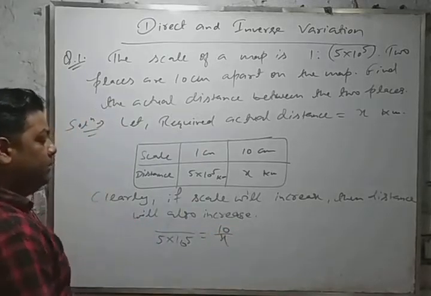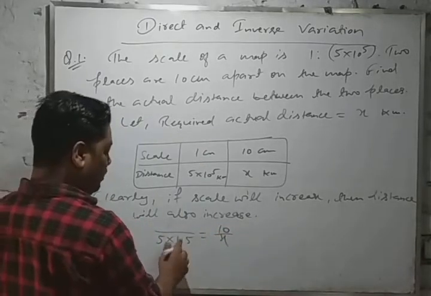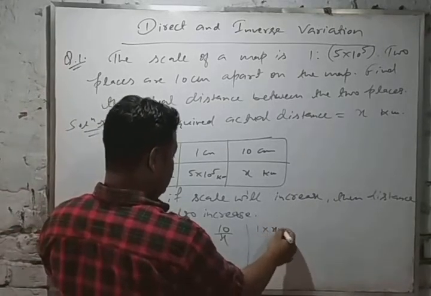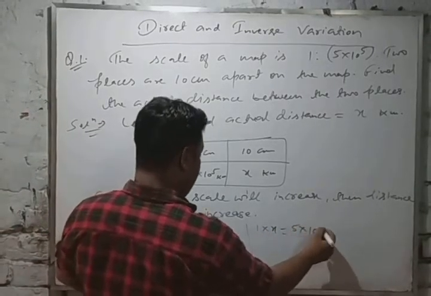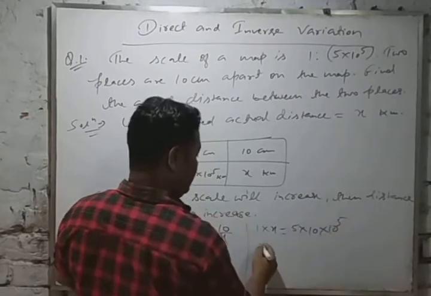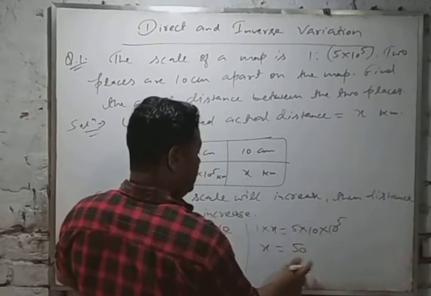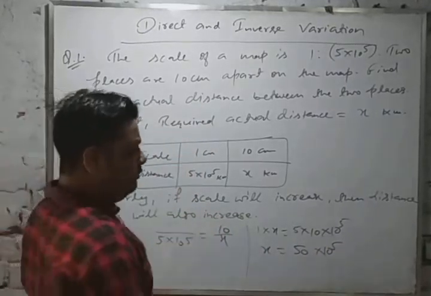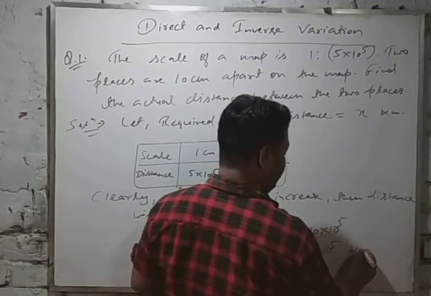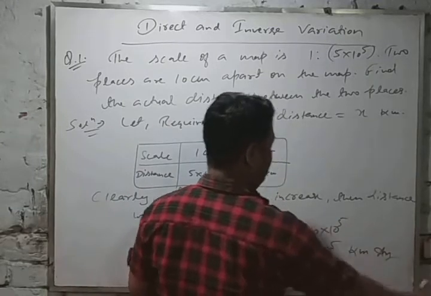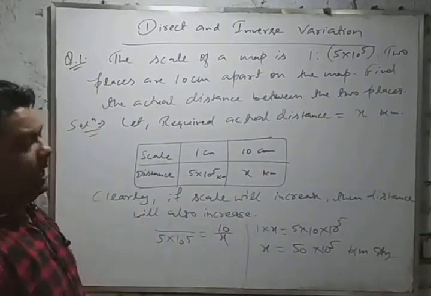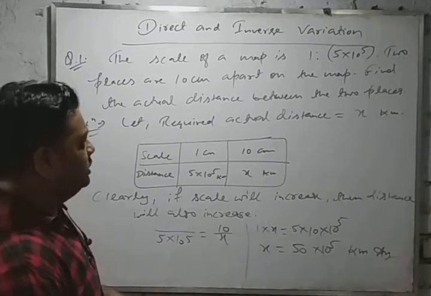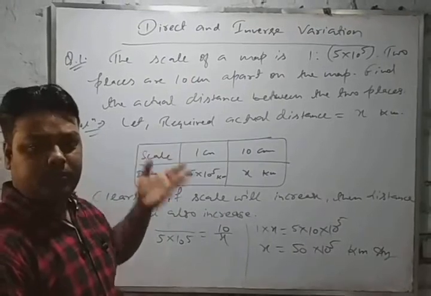Now by the cross multiplication method, 1 into x and 5 into 10 to the power 5 into 10. That is, the distance between the two places will be 50 into 10 to the power 5 kilometer. So this will be our answer. I hope you have all understood this question. This is a question based on map scaling.